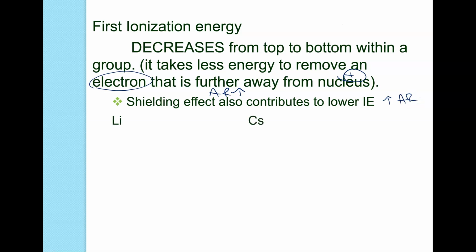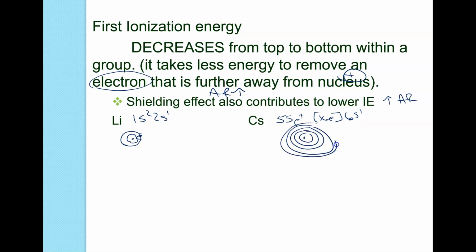Okay, that's Coulomb's law. So if I'm looking at lithium, 1s2, 2s1, I have 3 protons in the nucleus, and I've got one lousy little electron here. Cesium has 55 protons, so it has a huge number of protons, but we're talking xenon 6s1. So that last valence electron is way out here.